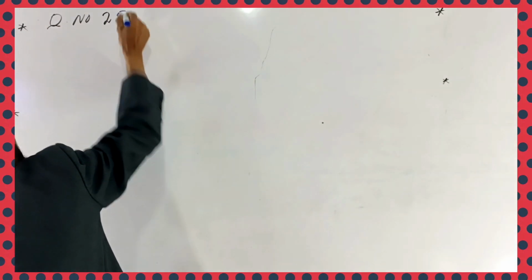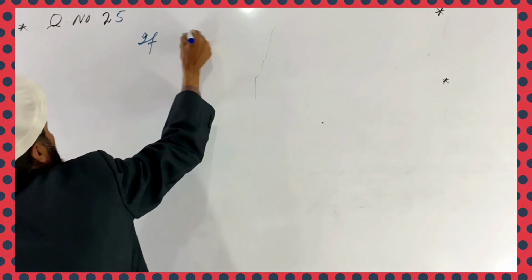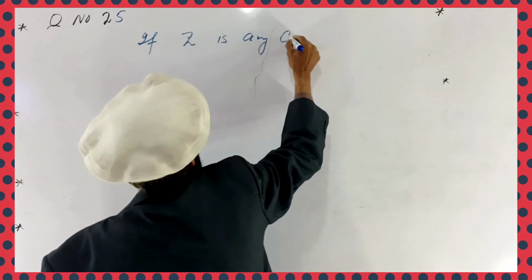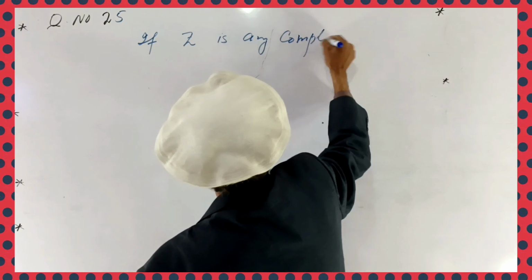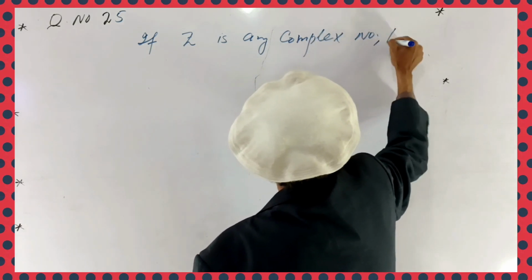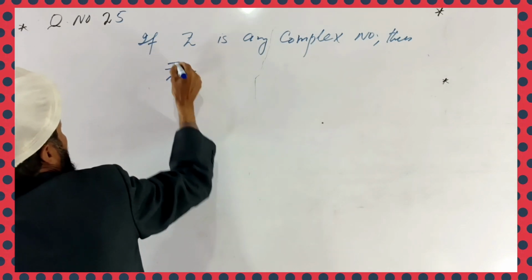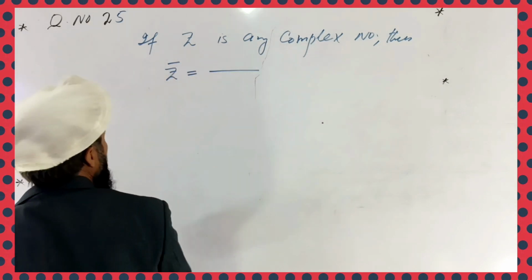Question number 25. If z is any complex number, then z bar is equal to what?